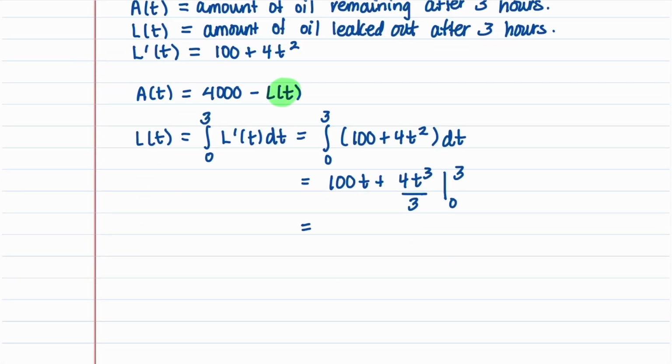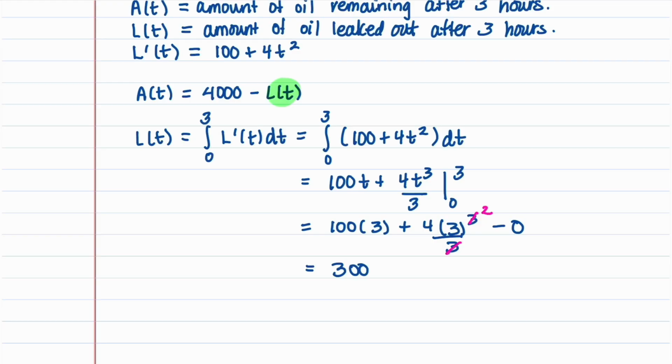This gives us 100 times 3 plus 4 times 3 cubed divided by 3 minus 0. So this is 300. It looks like we can cancel in this next term one of our 3's out. So we had 3 cubed. We can make that 3 squared and divide by 3.